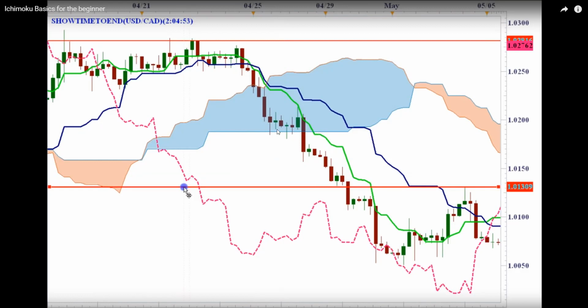Yeah. In those areas where you see the cloud and there's a straight line going across, that's going to be more of a consolidation. Whereas if you start to see it break either up or go down, then that may be an indication that there's going to be some possible trend.